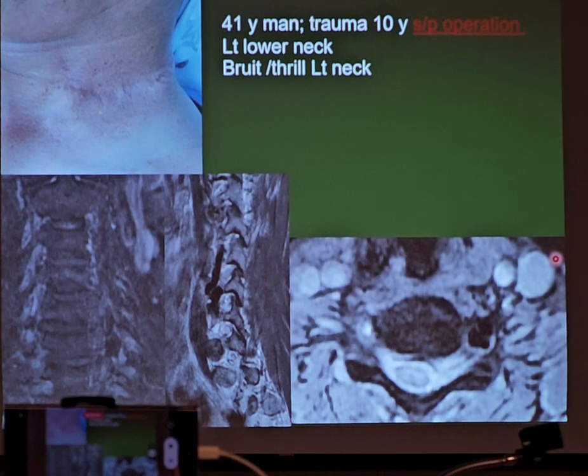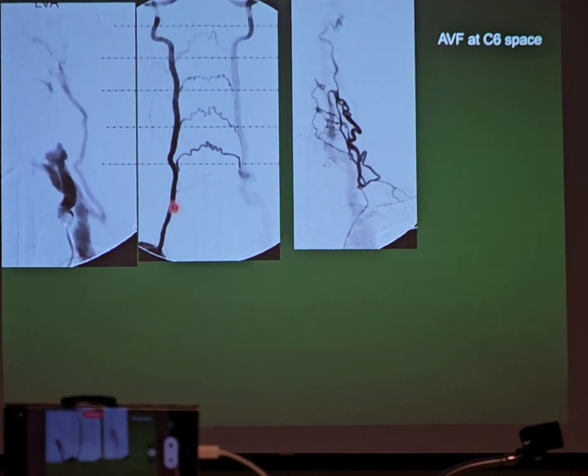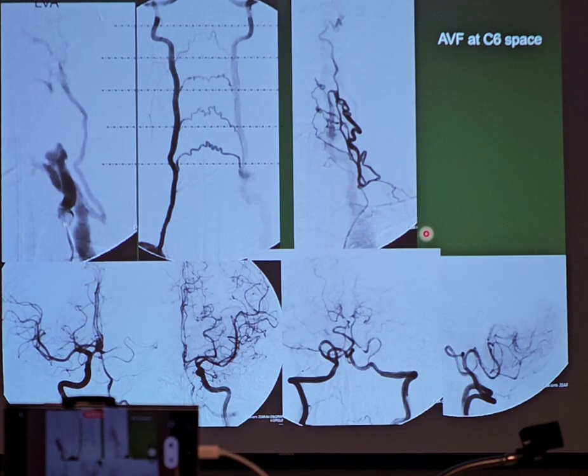When you have trauma, this is after the surgery, and you have the bruit, and this is the fistula at the C6 space. A little chronic fistula, you can see all of these possibilities of collateral to supply the sucking fistula, including the flow from anterior circulation, filling down to supply this.